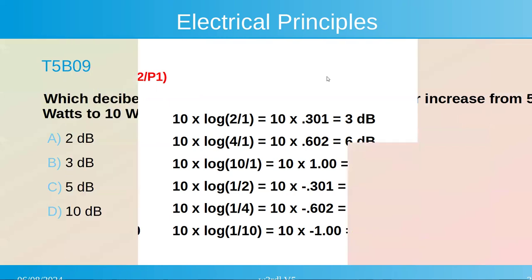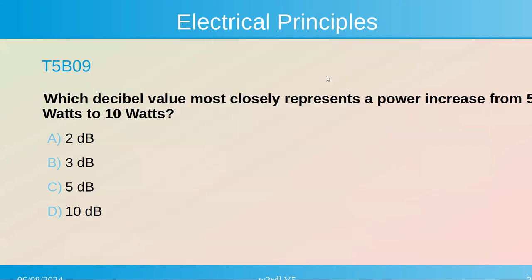So let's see what the question is. Which decibel value most closely represents a power increase from 5 watts to 10 watts? So our ratio was 2, right?